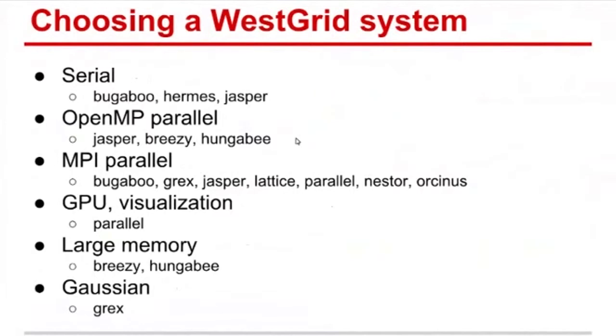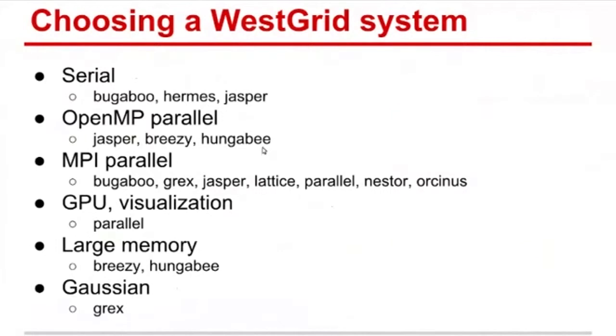OpenMP parallel jobs are rather special because all the processes have to run on the same node. We've recently added Jasper to use whole node scheduling, so that now you can run OpenMP parallel jobs in Jasper, Breezy, or Hungabee. There are also other sites being set up this way, so that this information will change with time.